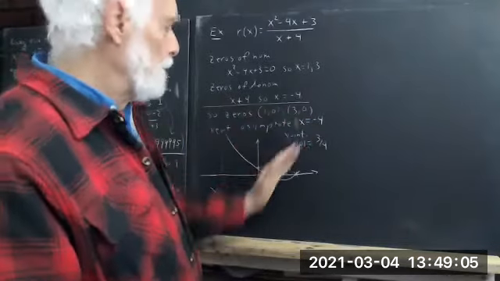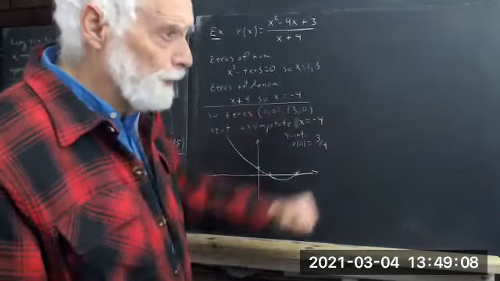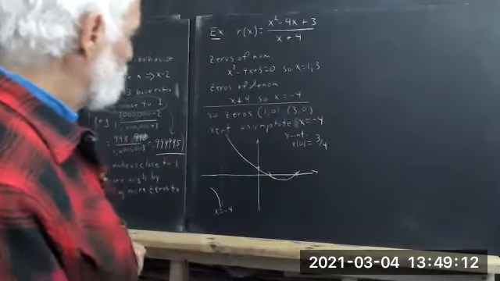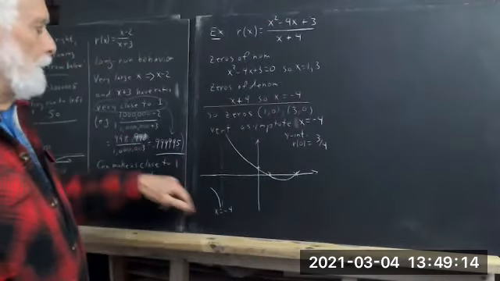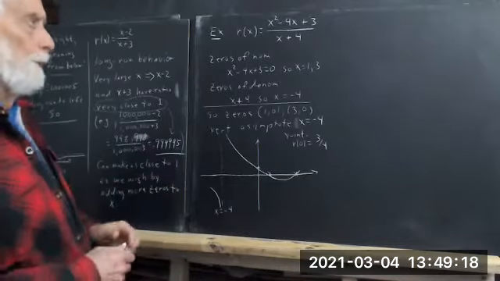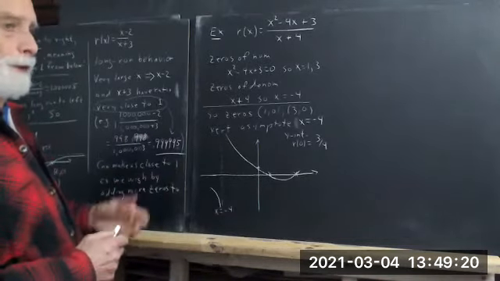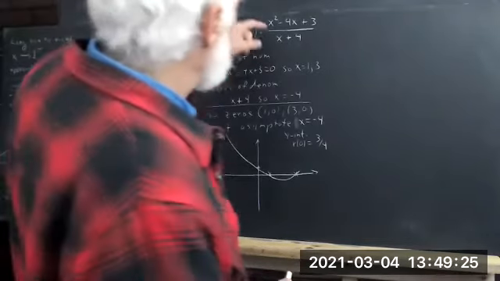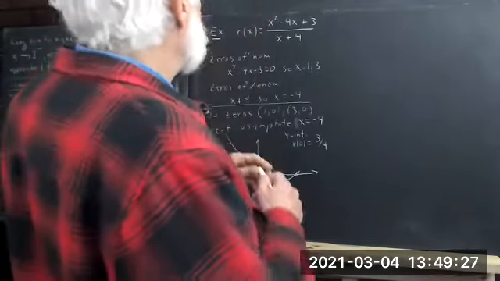Does it get bigger really fast? Does it get bigger and just approach an asymptote? It actually kind of does that. And over here, what happens to the function? Now, we don't want to think too much about that. We want to get the basic techniques down before we get too sophisticated. But here's what we do. When the degree, well, okay.